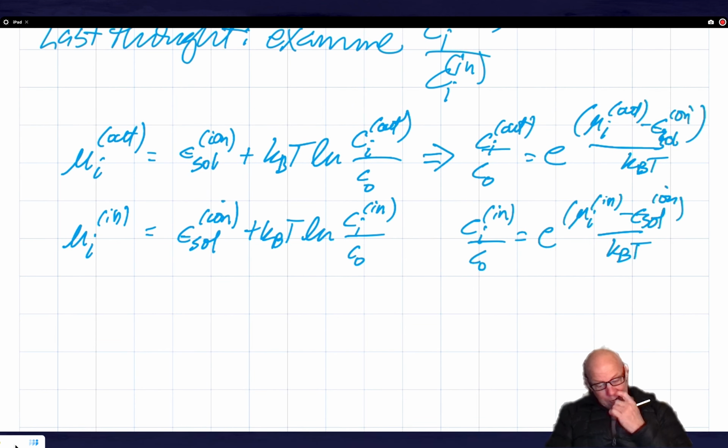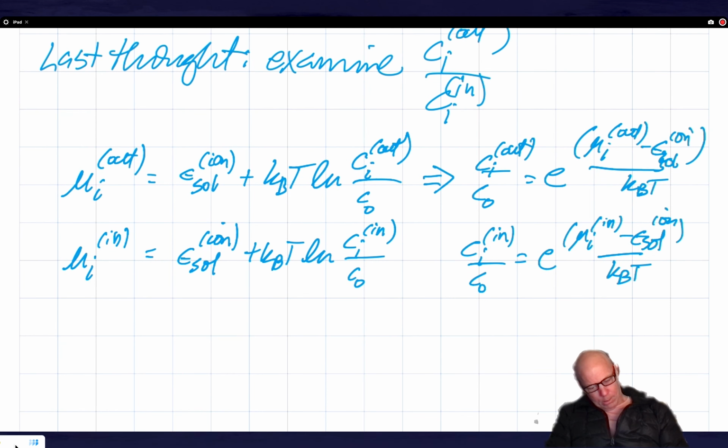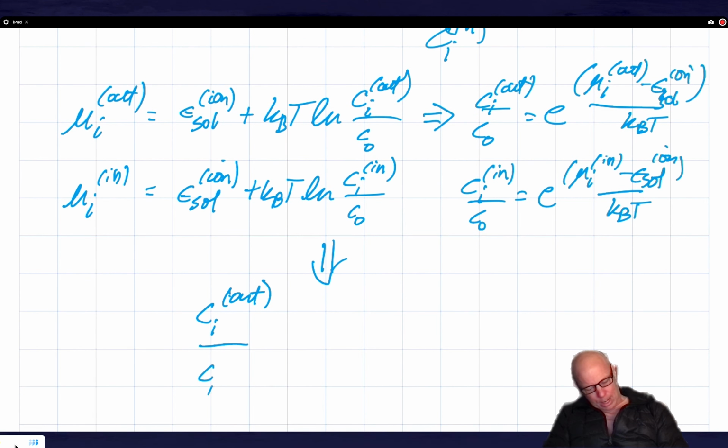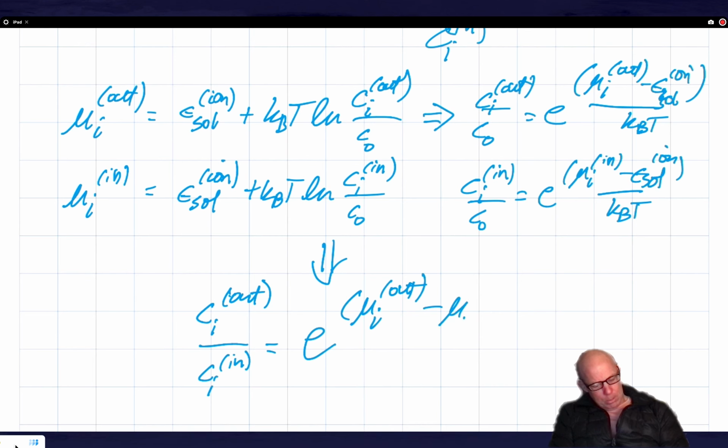All I'm doing is inverting the chemical potential. And so the ratio c_I out over c_I in has this really interesting form, which is e to the mu_I out minus mu_I in divided by kBT.